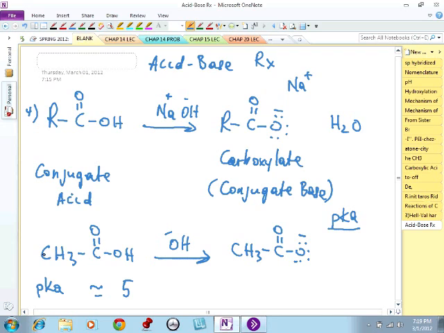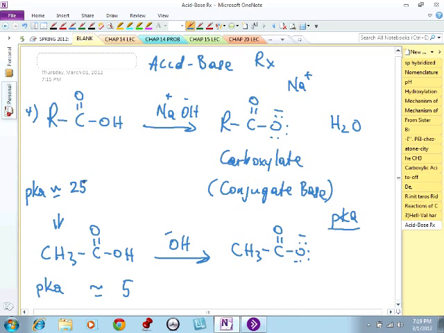Now, if you take a look at this hydrogen here, okay, because those are hydrogens also. The pKa value for this hydrogen here will be about 25.